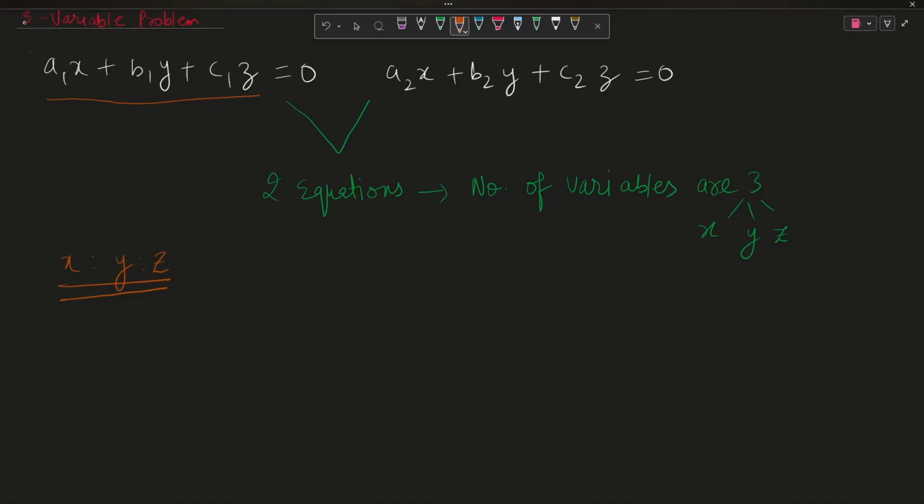It is a particular case of the three variable problem. So our work will be to calculate the ratio between x, y, and z.